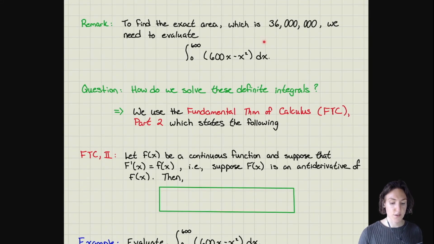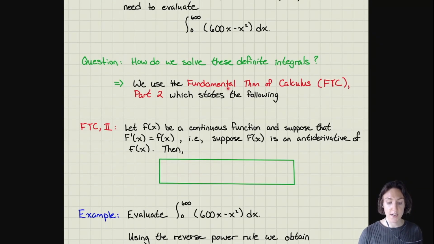Now, a question we need to ask ourselves is, okay, now how do I actually evaluate these definite integrals? And for that, we're going to use the second part of the fundamental theorem of calculus. We'll actually talk about the first part a little bit later.